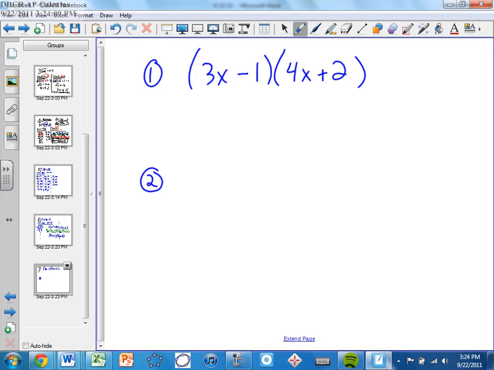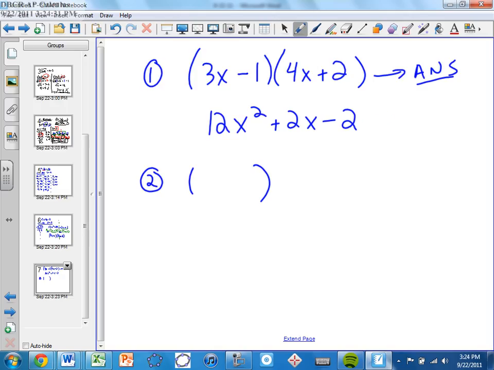This one, you're going to have to factor 12x squared plus 2x minus 2. That's the first one. The second, again, I'm giving you the answer. This is the answer right here. So when you factor this, check that you got to that answer. Here's the question, and above is the answer.